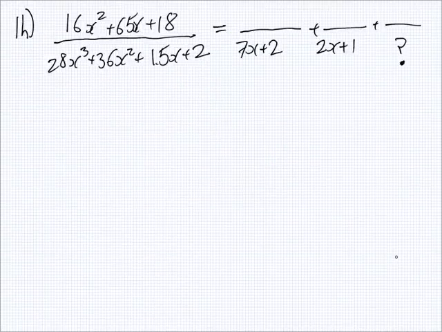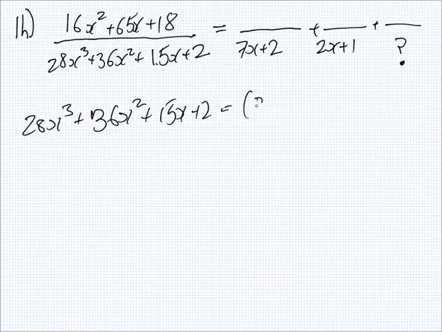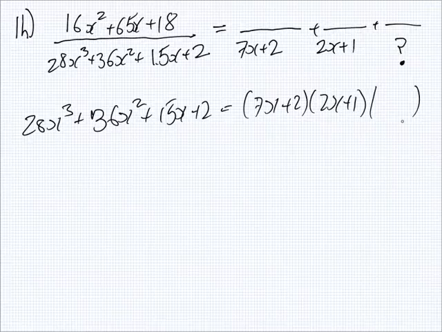Which one is repeated? So what you're saying here is 28x cubed plus 36x squared plus 15x plus 2 equals 7x plus 2, 2x plus 1, and the third root is the same as one of the other two. Which one though? How could we know which one? And why? Divide them by 7 and 2. Because 14 multiplied 2 is 28.